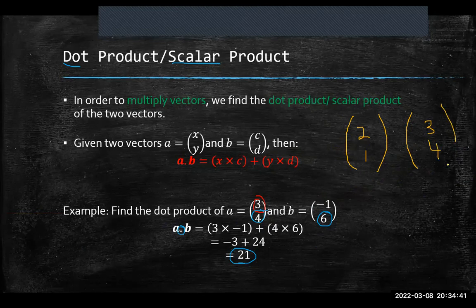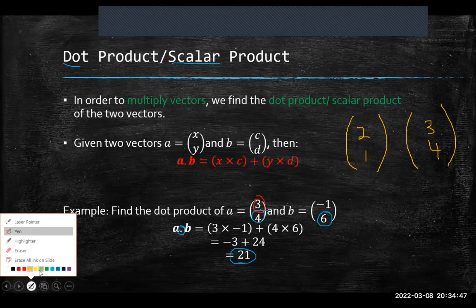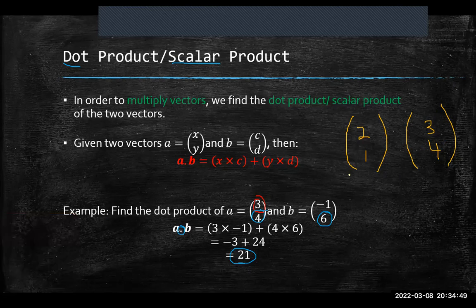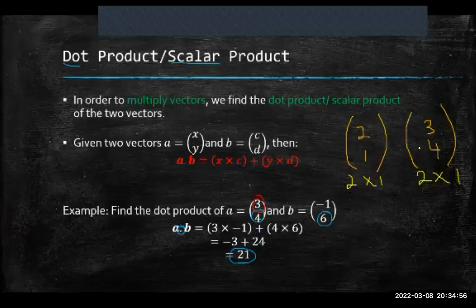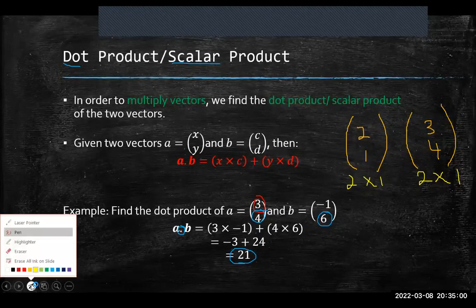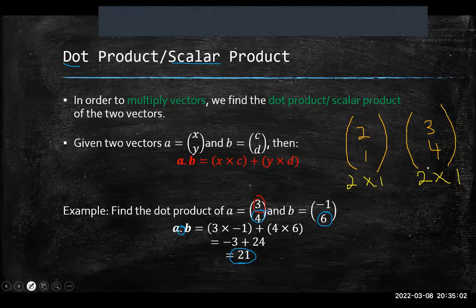If I had two matrices, so you would know this is a 2 by 1 matrix. This is also a 2 by 1 matrix. In order to multiply two matrices, 2 by 1, 2 by 1, this would actually not be valid. Why? Because when I'm multiplying two matrices, these numbers must be the same.